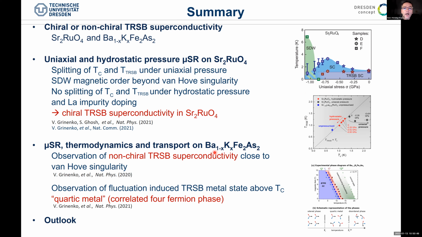And in the barium potassium 1-2, first of all, we could prove that the theoretical proposal that there might be time reversal symmetry breaking superconductivity in the non-chiral form is really true. But we have this unexpected observation that there is additional phase in the normal metal. And from the theory model of Igor Babaev, one can call it a quartic metal because it's basically a correlated state between 4 fermions. Yeah, thank you very much for your attention.